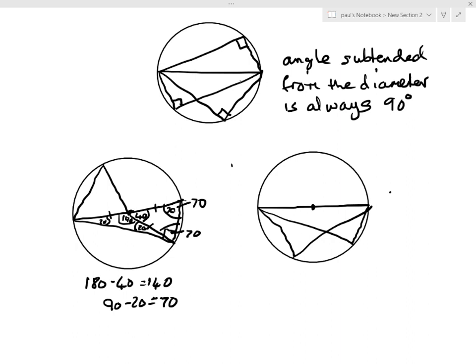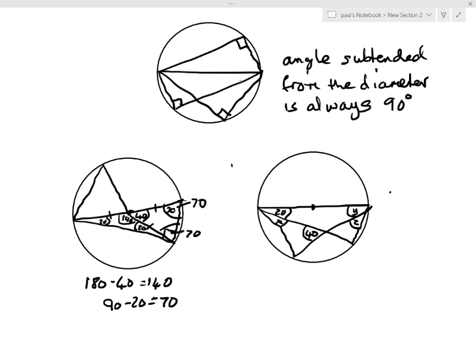Now, are we given anything? Let's say that that is 40, and let's say that that is 20. Can we find x, y, and z?